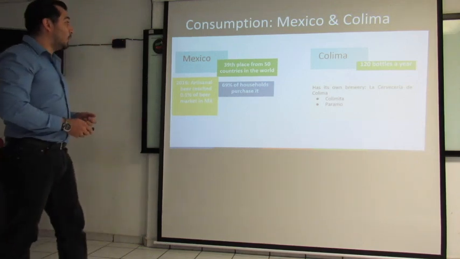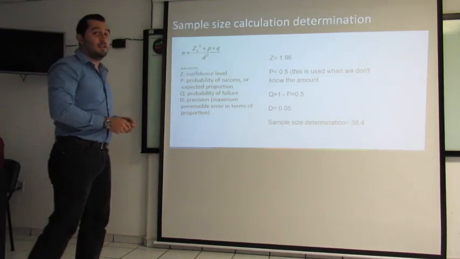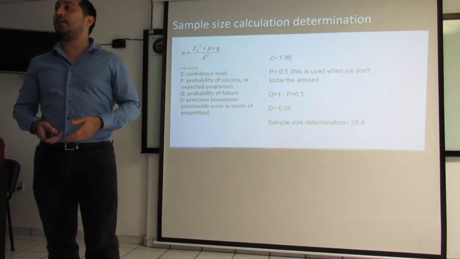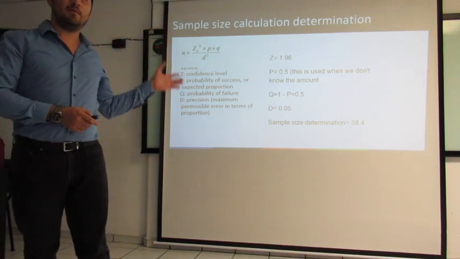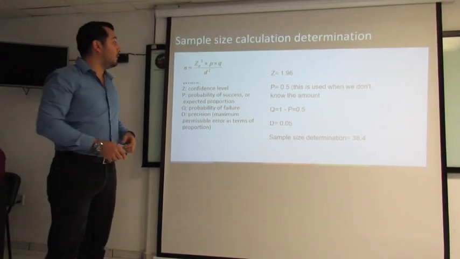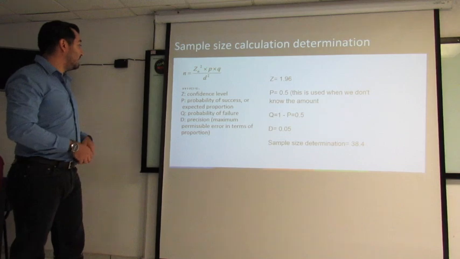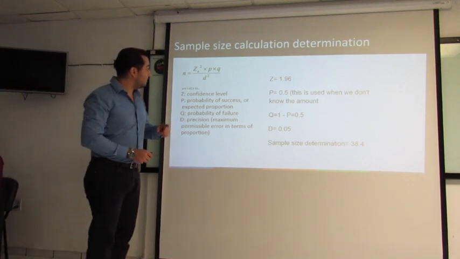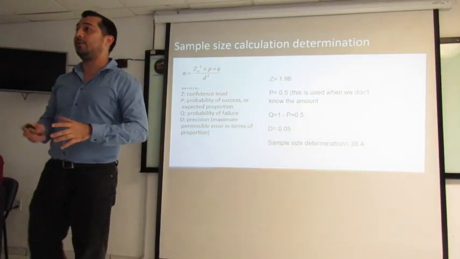So we decided to go with a different approach, which is with an unknown population. The unknown population gives us a specific formula, and with this formula we used a 95% confidence level and a 5% error.